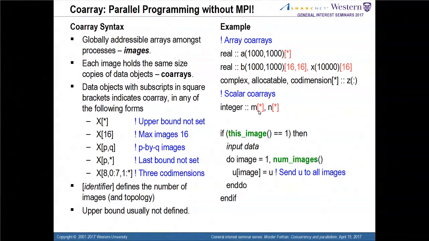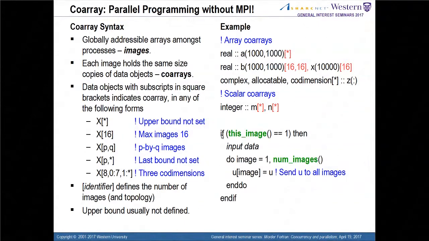Okay, and you can use coarrays for single variables as well. Here we define the two integers m and n, and they are coarrays, which means they are accessible among processes.